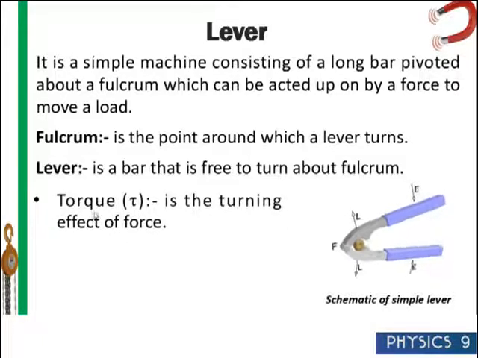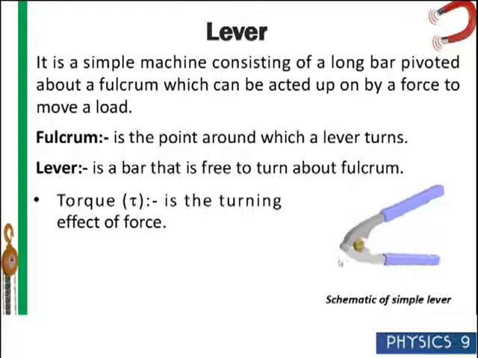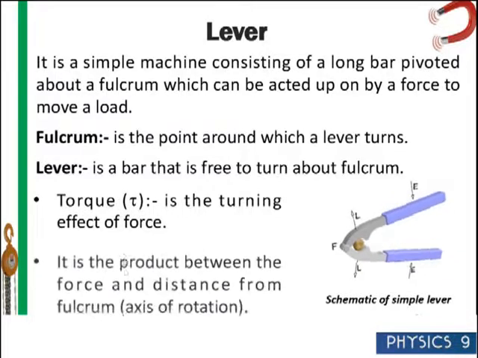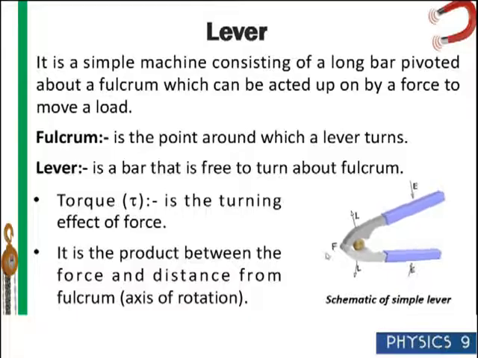Now, the term torque, given by this symbol here, is the turning effect of the force. In other words, we can measure the torque in terms of the turning effect, the ability for the levers to turn around the fulcrum. The torque is very important.